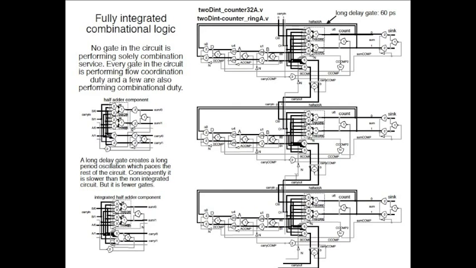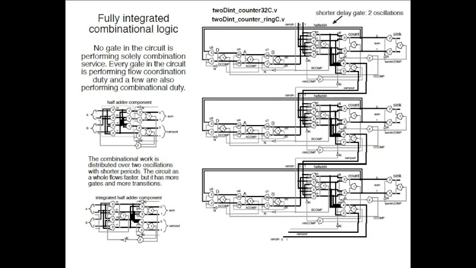So this structure is going to be a little bit slower than the fastest structure. This structure has less delay in each oscillation, so this is going to turn out to be the fastest counter of all the circuits, and also the most efficient.